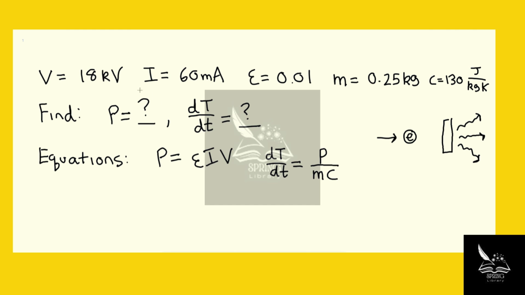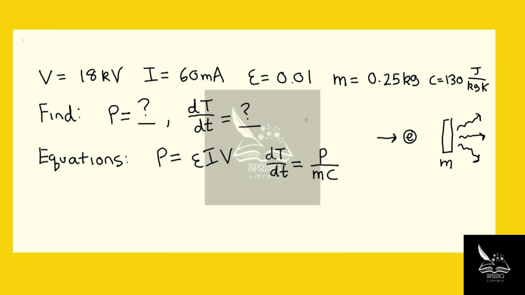Okay, in this problem we have a cathode ray tube being operated at 18 kilovolts and 60 milliamps, resulting in X-rays. We're given some additional information about this target.